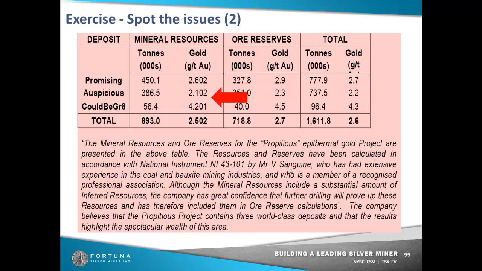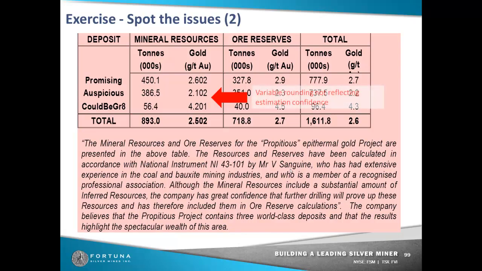Let's have a look at number 2. Number 2 is issues in terms of the reporting of the gold grams per tonne. The level of reporting for the mineral resources is to 3 decimal places. As we can see, for the reserves it's just to 1 decimal place.